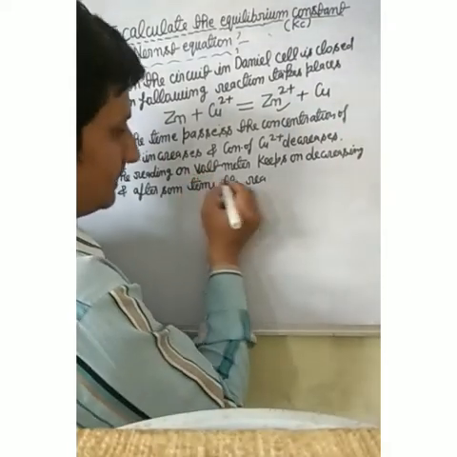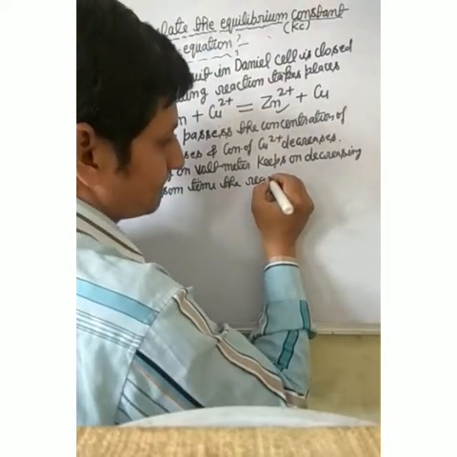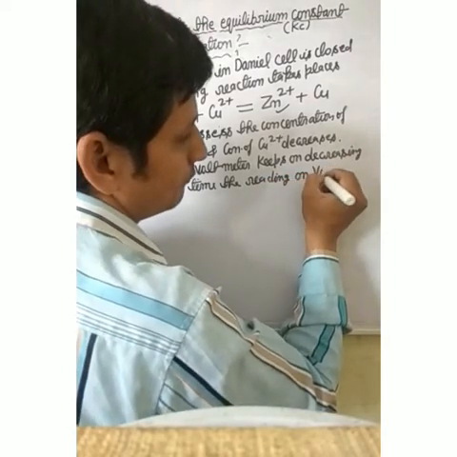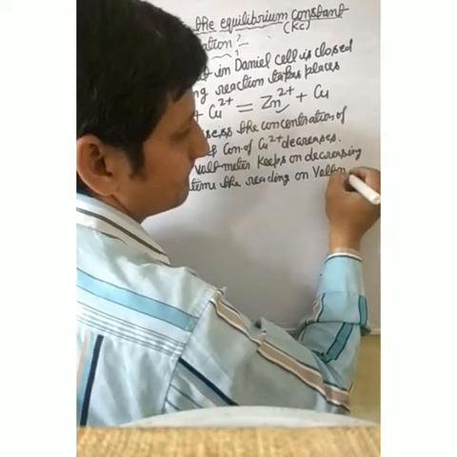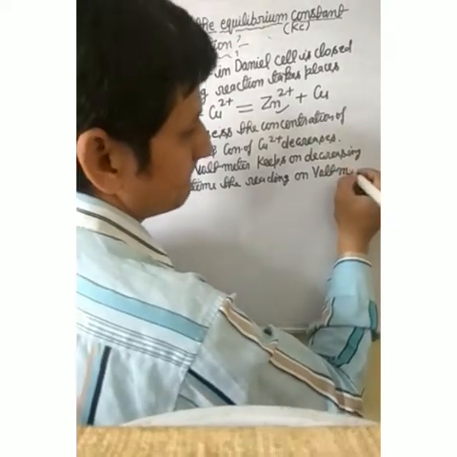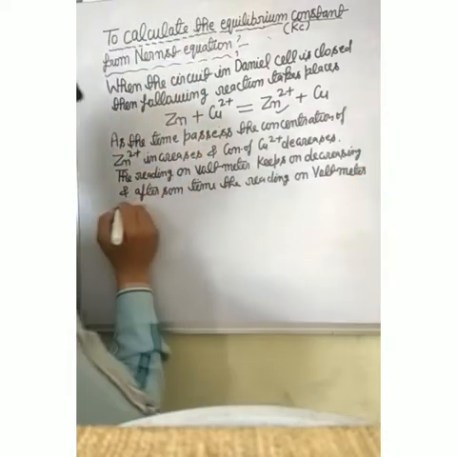After some time, the reading on the voltmeter is 0.